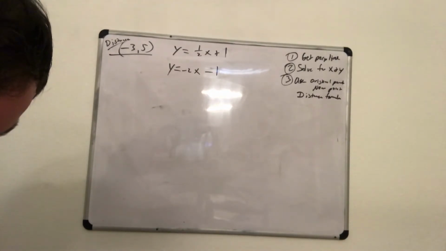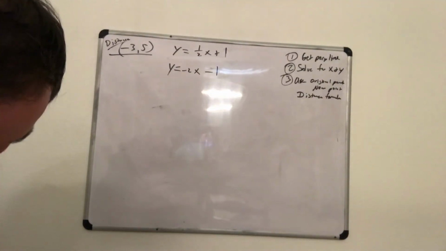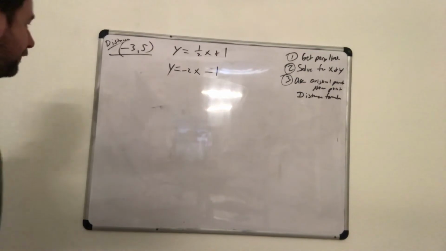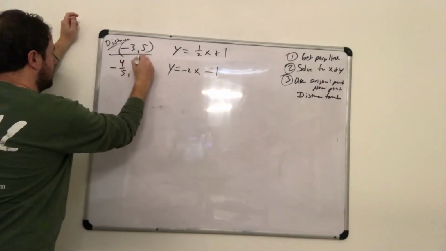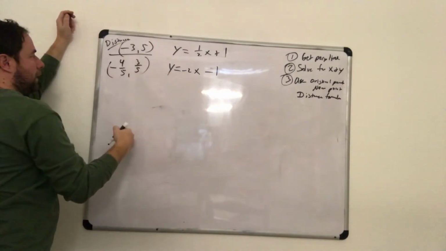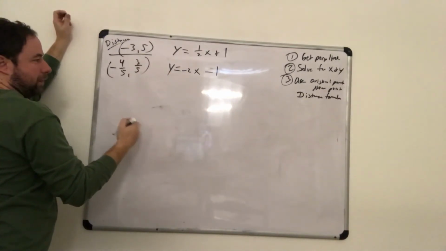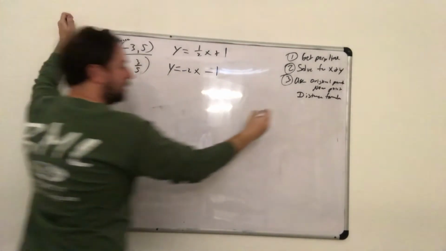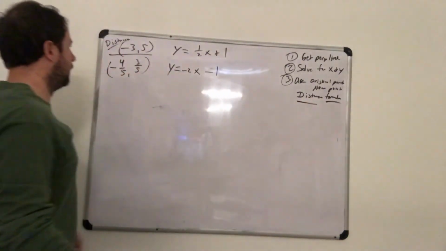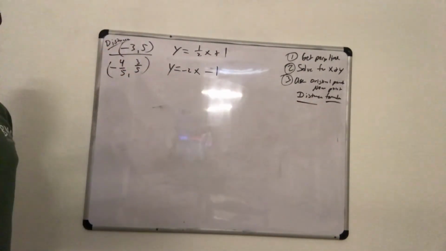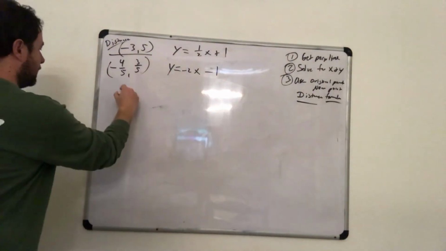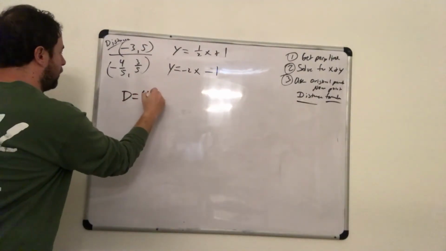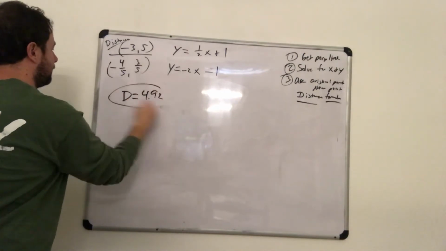Whenever that happens, you're going to get negative 4/5 and 3/5. Or you could put it as decimals, doesn't matter. Then you're going to use the distance formula in your calculator. Put these 2 points in for the distance formula. When you do that, you'll get 4.92. The distance is 4.92.